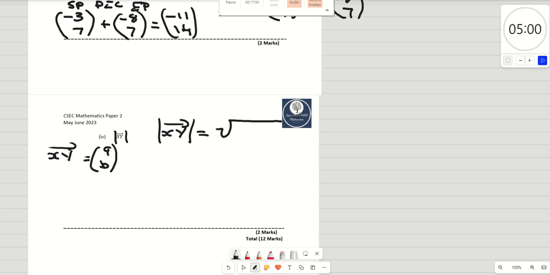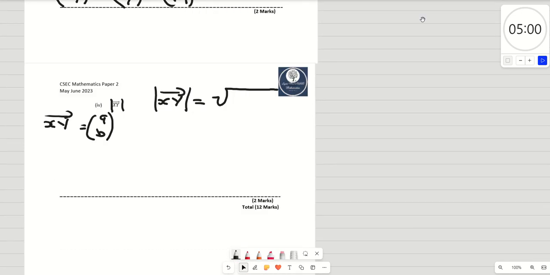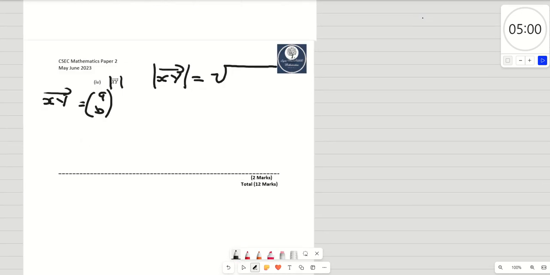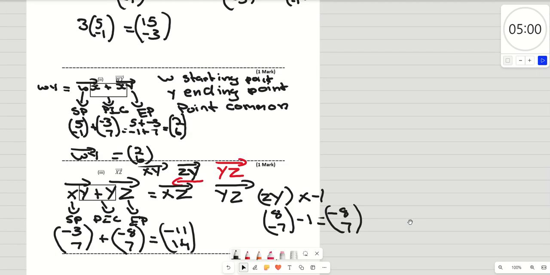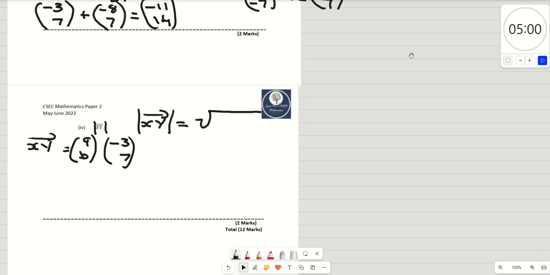So once you have this, where xy is equal to AB, what is A and what is B? Xy is minus 3, 7. So if xy is AB, we can clearly see that A is equal to negative 3 and B is equal to 7.